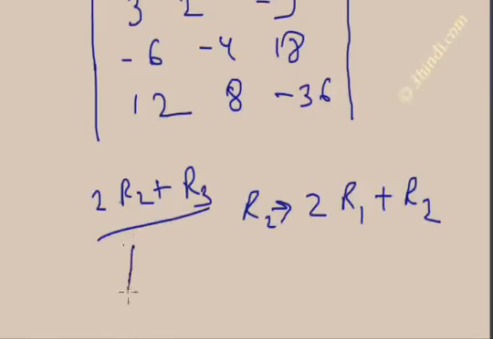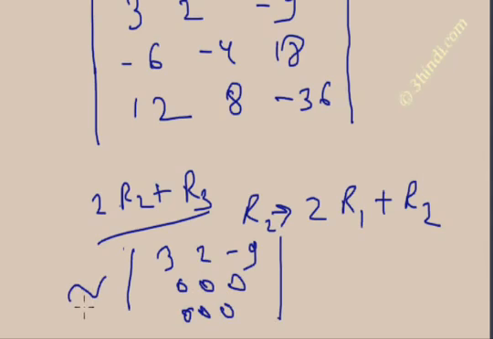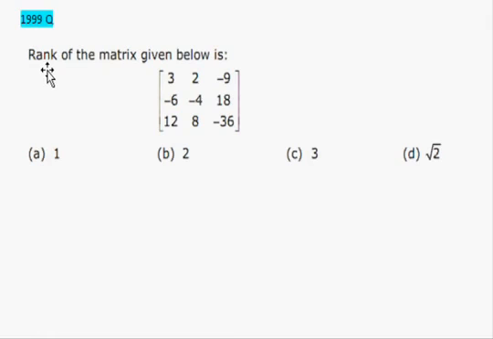So you can write it as 3, 2, minus 9, 0, 0, 0, 0, 0, 0. Here you see two rows are 0 only, so the rank is 1. So the rank of the matrix is 1, option A.